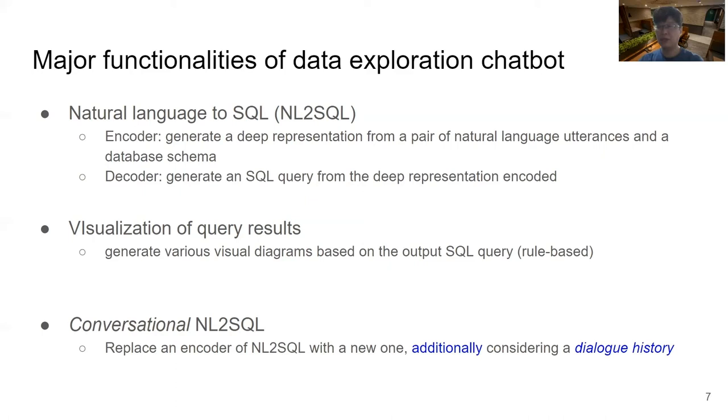The first is natural language to SQL, NL2SQL. Here, the most important parts are an encoder and a decoder. An encoder in NL2SQL generates a deep representation from a pair of natural language question and a database schema, while a decoder generates an SQL query from the deep representation encoded.